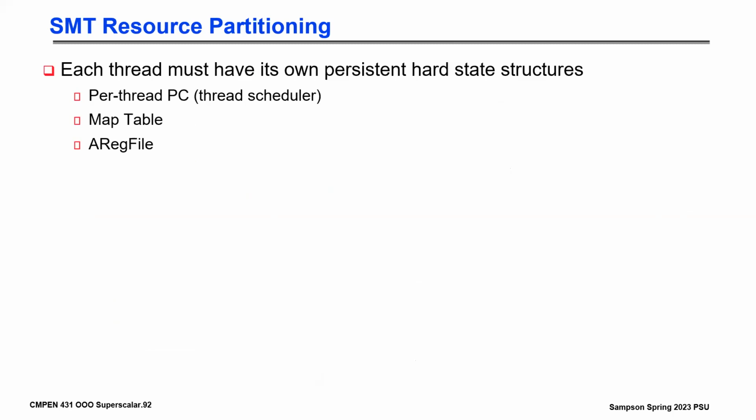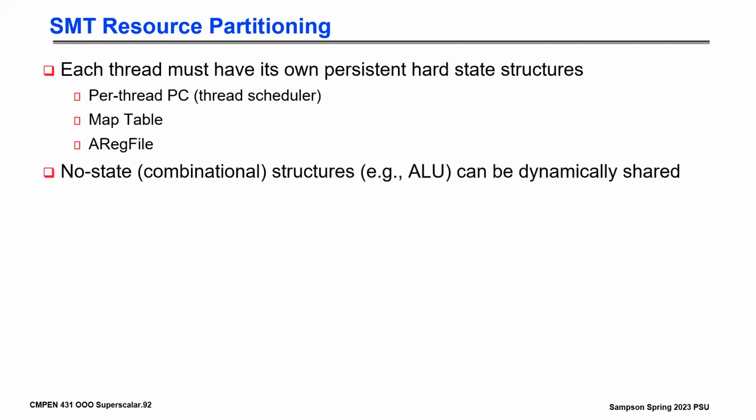We are going to need separate map tables. I do need to know which thread physical register 23 actually belongs to. I am not randomly assigning things back to different folks, and they do have their own architectural register files. So the set of things which are externally visible about the state of the thread have to be duplicated. I need to actually keep track of these things.